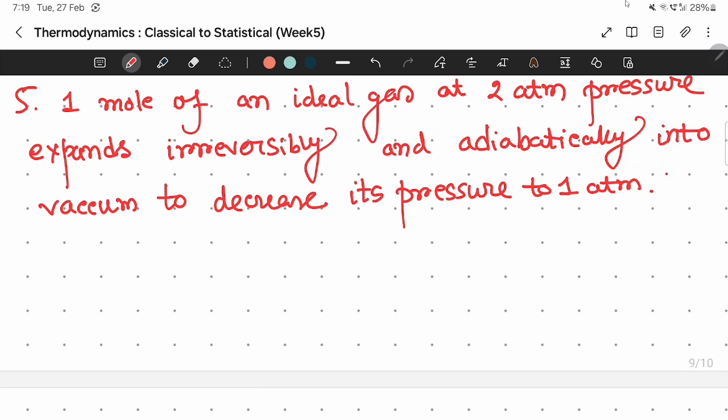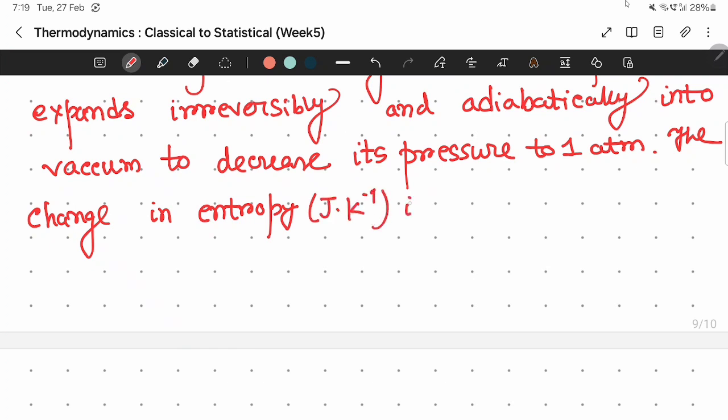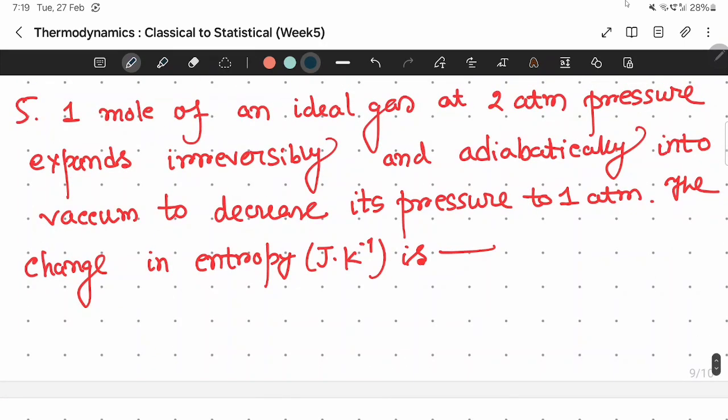The change in entropy in joule per Kelvin. This is again very straightforward, purely a tricky question. So again, an ideal gas that is expanding from 2 atm into 1 atm. Now they have asked to find out the change in entropy.